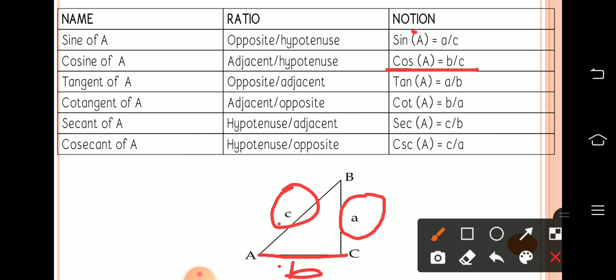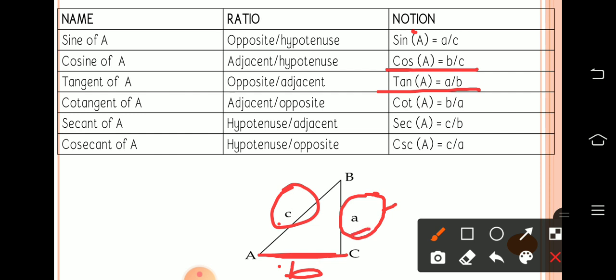The tangent of A is opposite over adjacent. So, tan A is a over b. Cotangent of A is adjacent over opposite, so b over a.